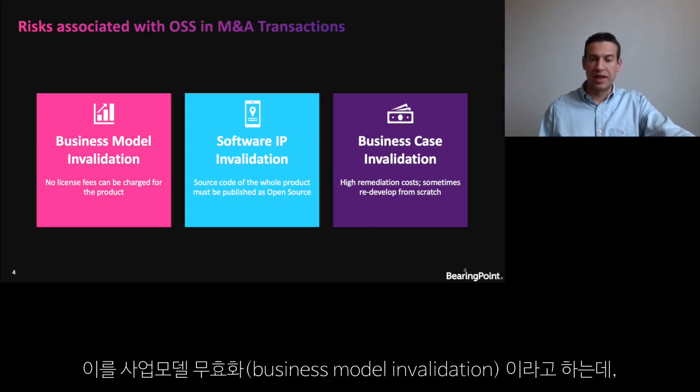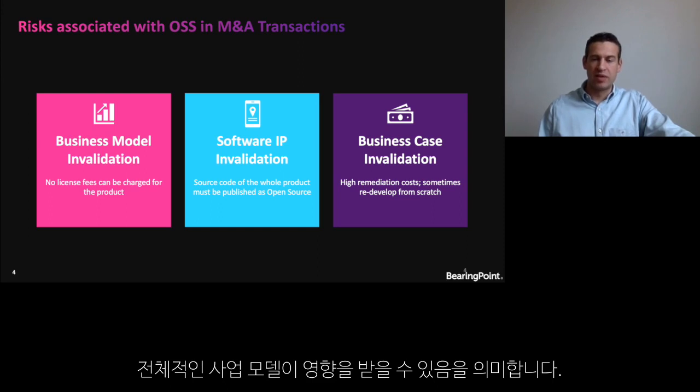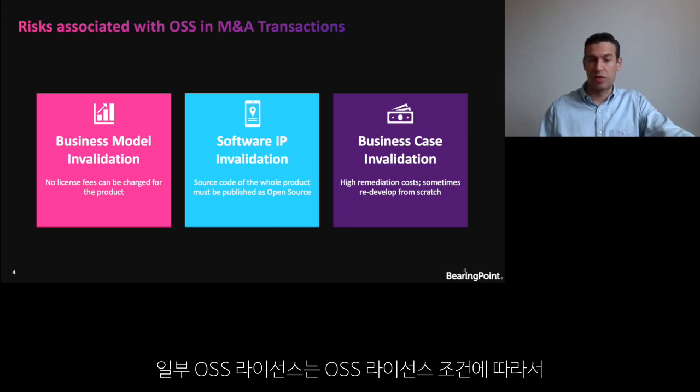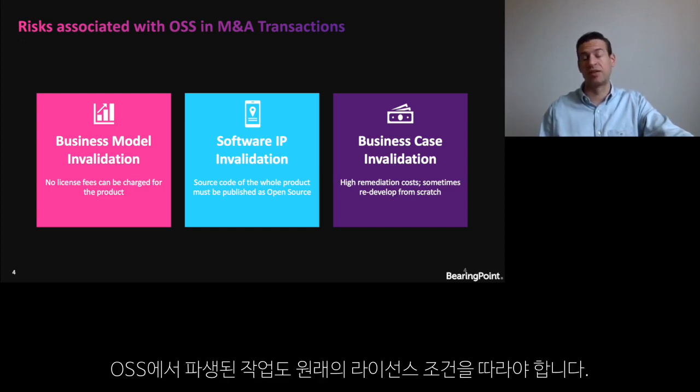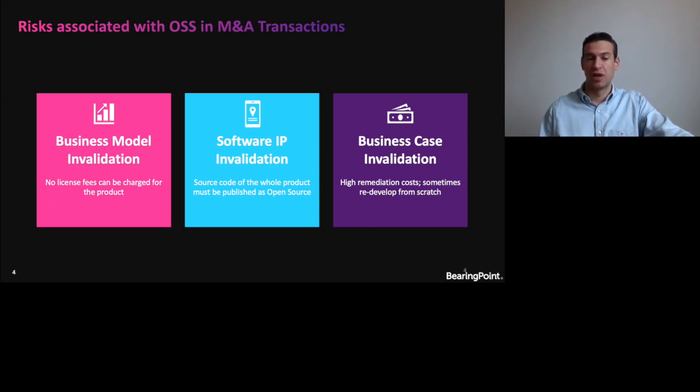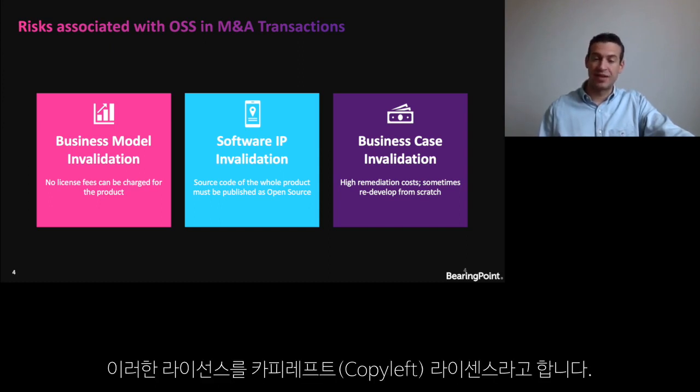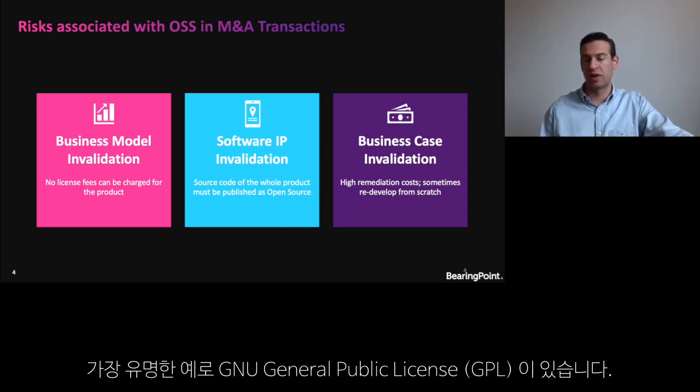So first, there is the business model invalidation. That means the business model as a whole might be affected by OSS, and some OSS licenses require that any work derived from the OSS must also be licensed under the OSS license. These licenses are called copyleft licenses, and there's one prominent example: the GNU General Public License, GPL.